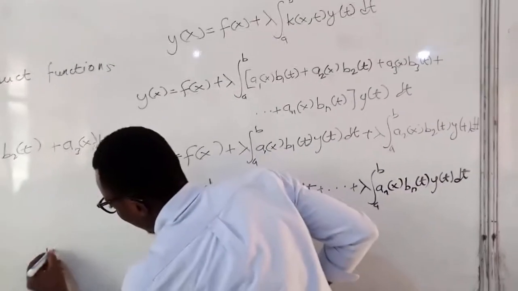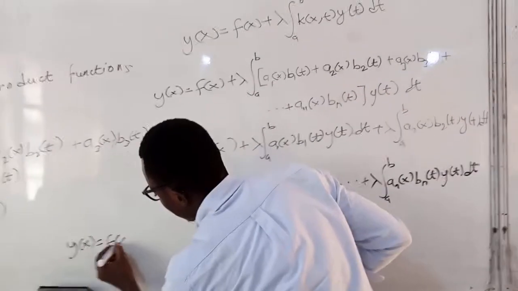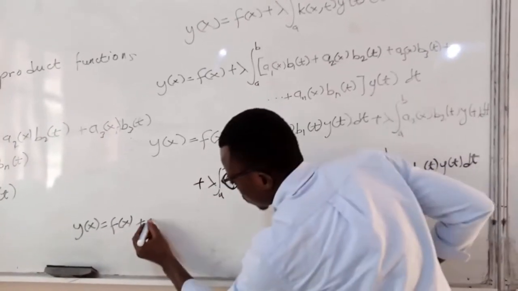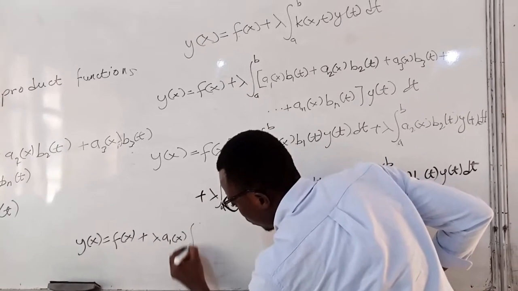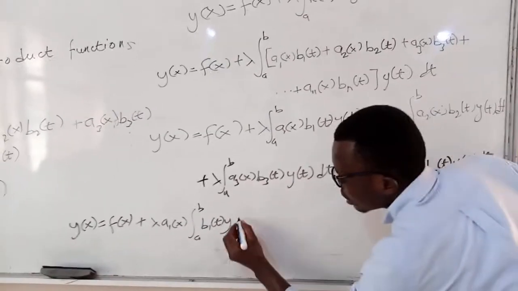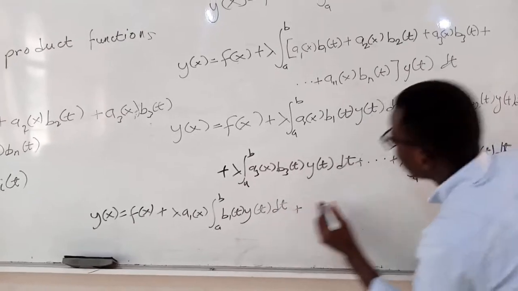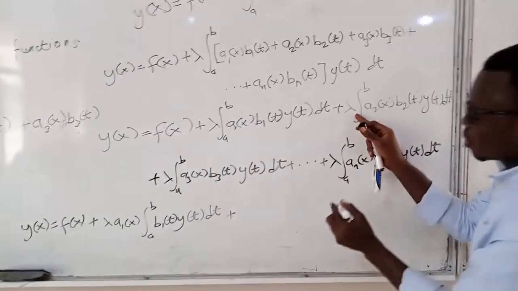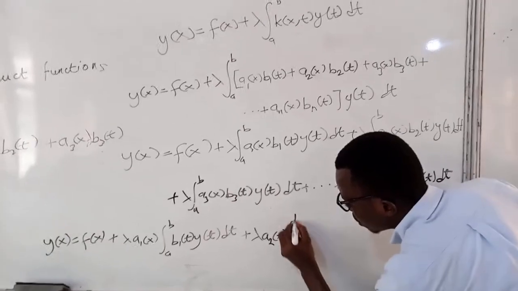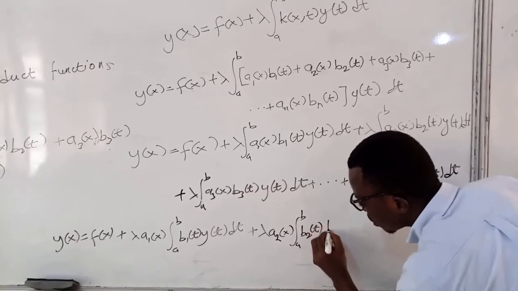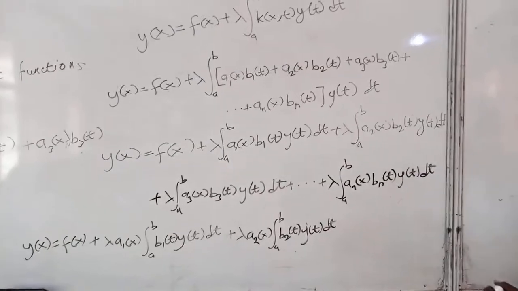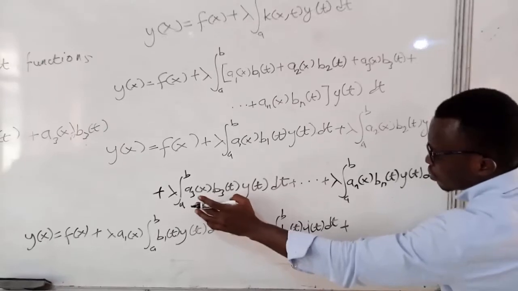I'm going to have y of s equal to f of s plus lambda a1 of s integral from a to b, b1 of t, y of t dt, plus, we will bring this a2 of s out, lambda a2 of s integral from a to b, b2 of t, the remaining y of t dt, plus this term.